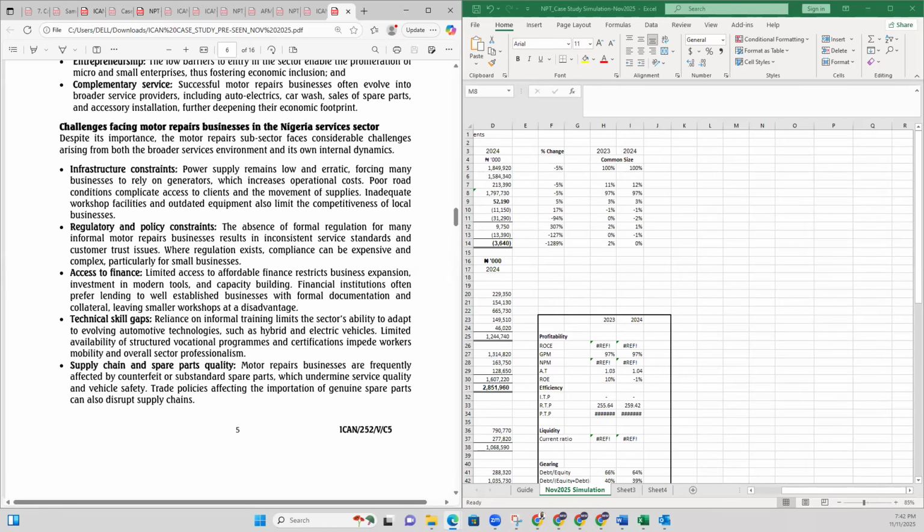Supply chain and spare parts quality. Motor repairs businesses are frequently affected by counterfeit or substandard spare parts, which undermine service quality and vehicle safety. Trade policies affecting the importation of genuine spare parts can also disrupt supply chains.